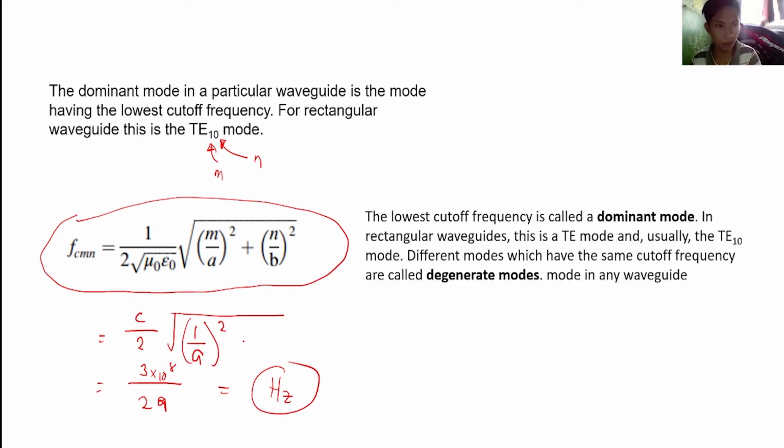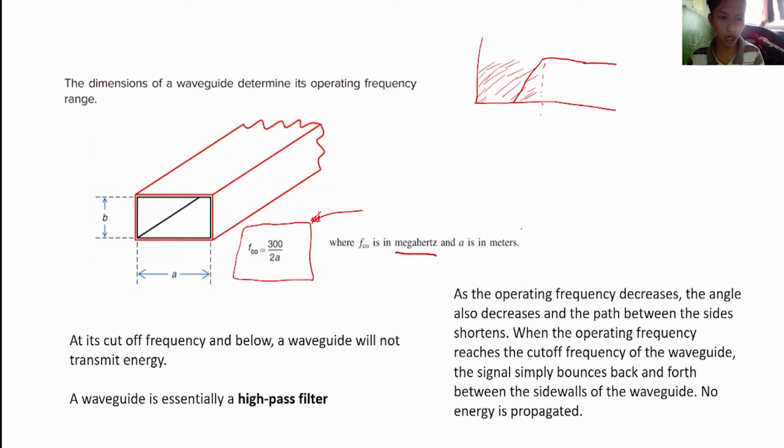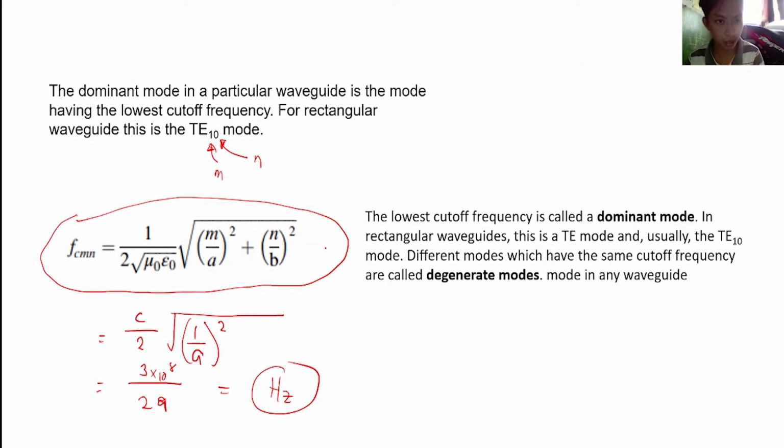So this is simplified because it accounts for the lowest possible frequency, which is in TE, or transverse electric field, where M equals 1 and N equals 0. Okay, so the lowest cutoff is called the dominant mode in rectangular waveguides.